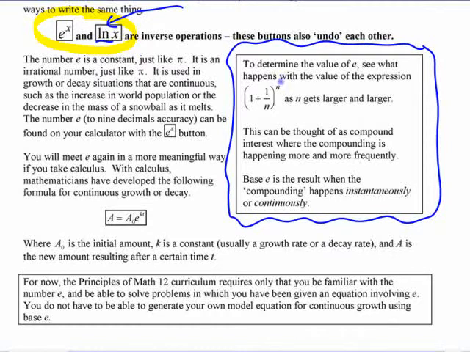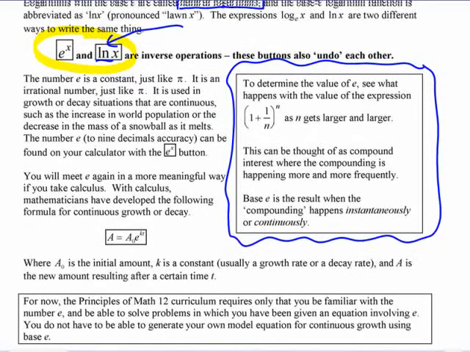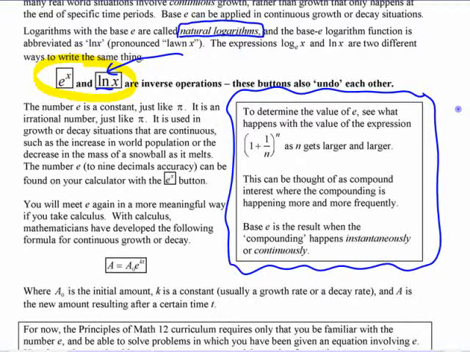If you think about compound interest, if you take an amount of money, like $1, and you invest it at 100% interest, and you invest it for 1 year, just to keep things simple, I'm using 1 all the way across, but it could be any number.